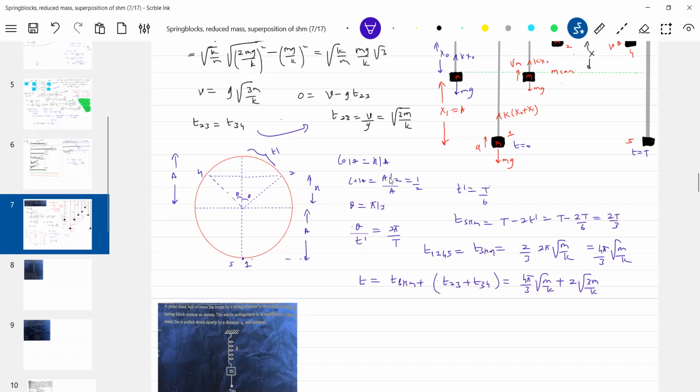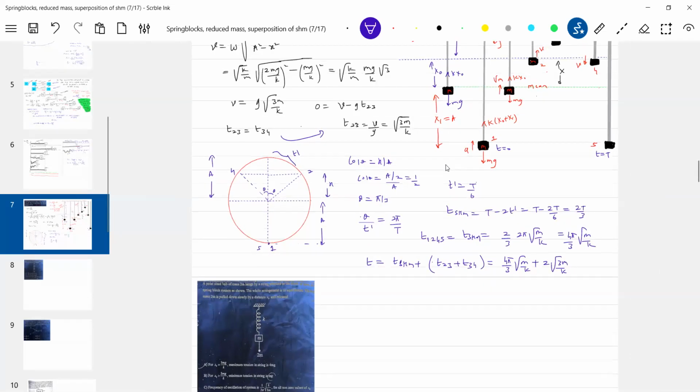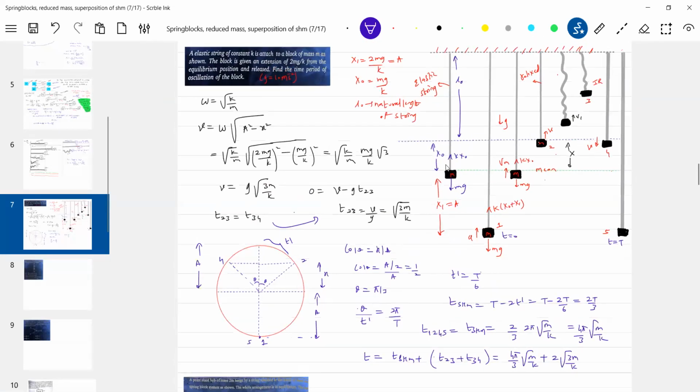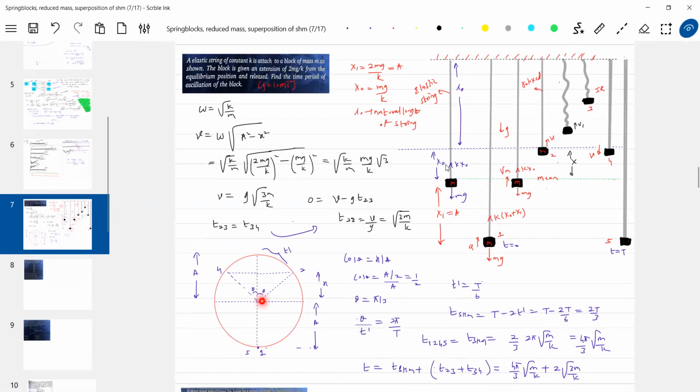Okay, I think the circle part, are you able to understand what I actually did in the circle? See, if this were a spring, then definitely it would have completed one oscillation. So we have to calculate this particular time. In that I should subtract the part which is not SHM. So what is this T dash? T dash is the part of the motion which is not SHM.